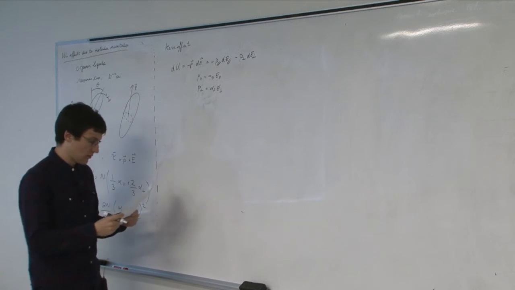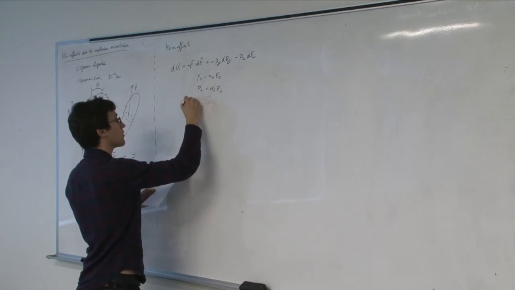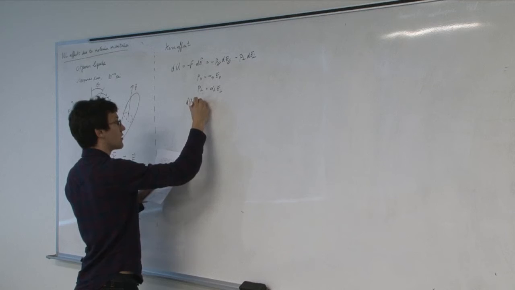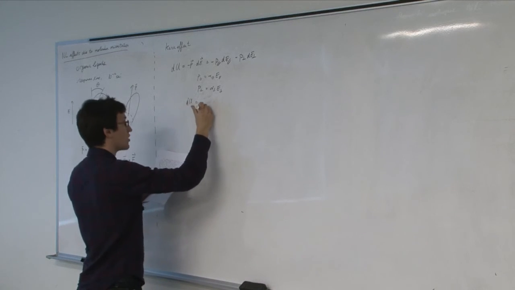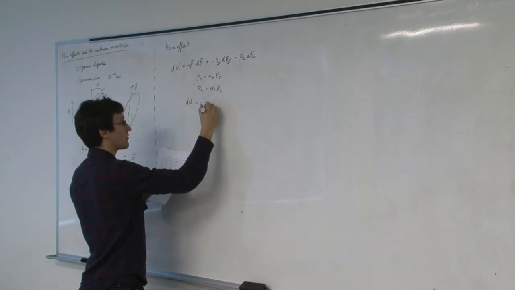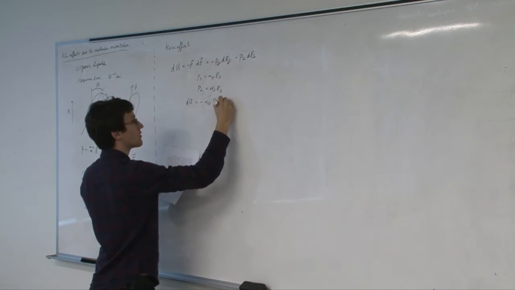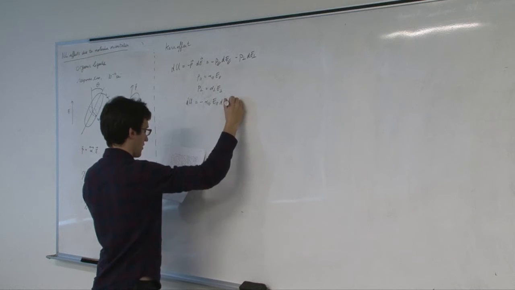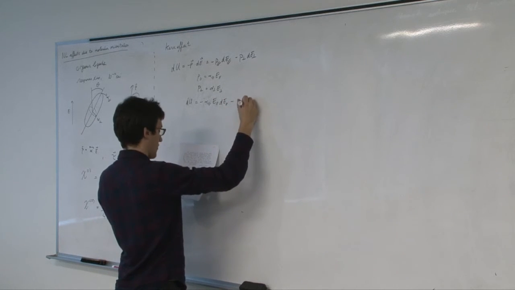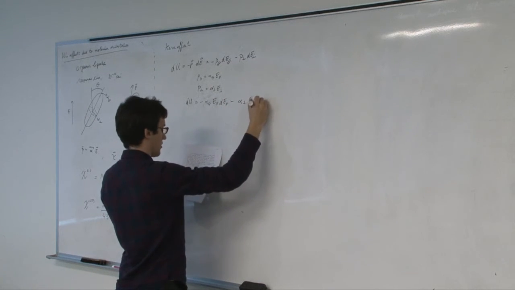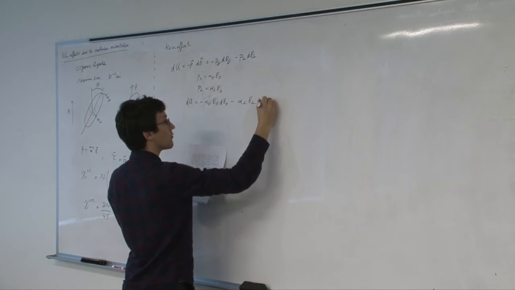And thus dU, the change in potential energy, is given by minus alpha parallel E parallel dE parallel minus alpha perpendicular E perpendicular dE perpendicular.